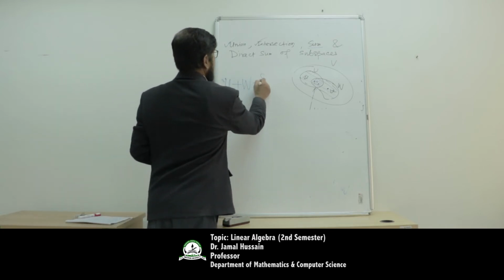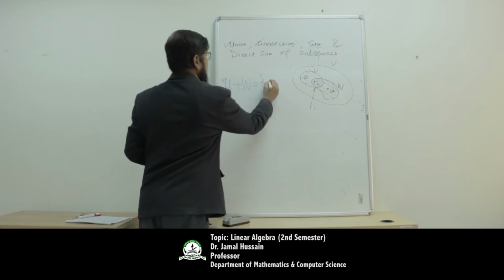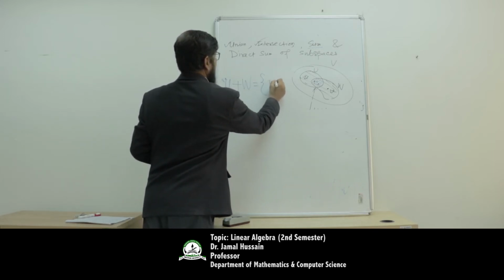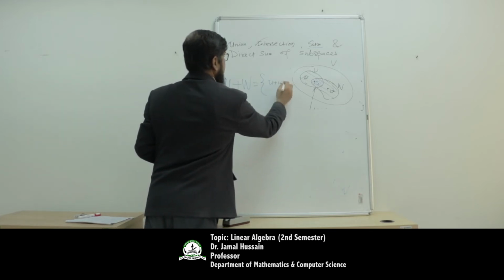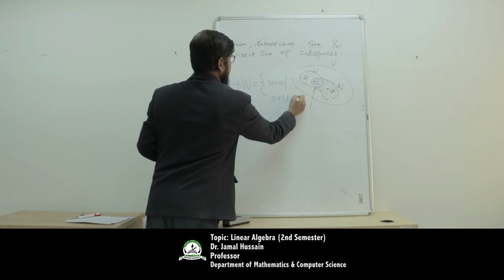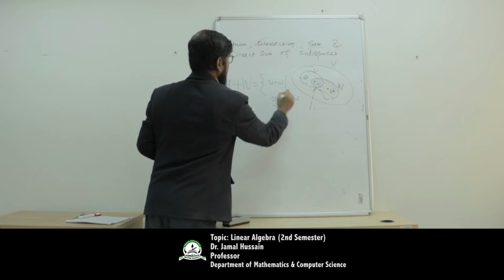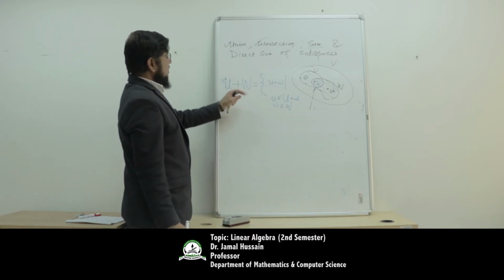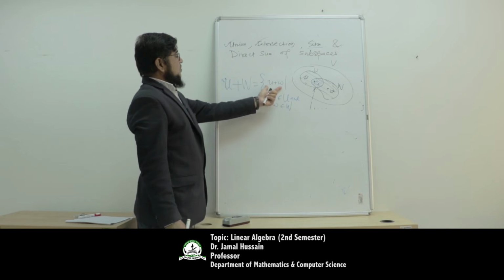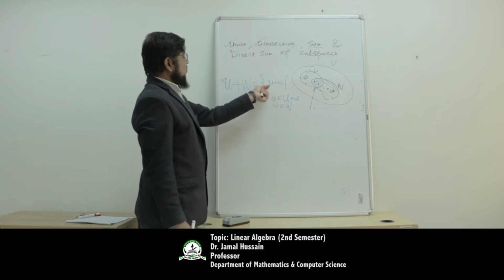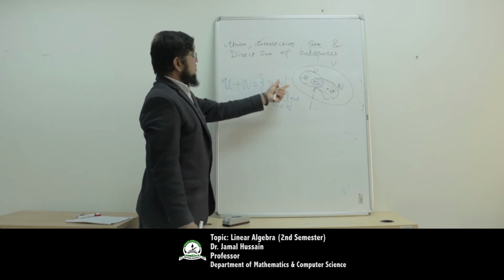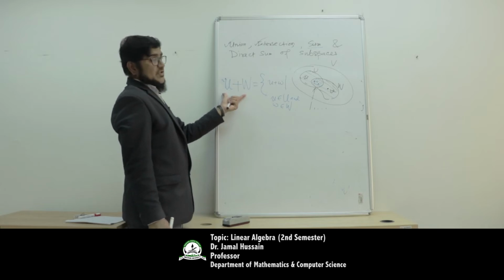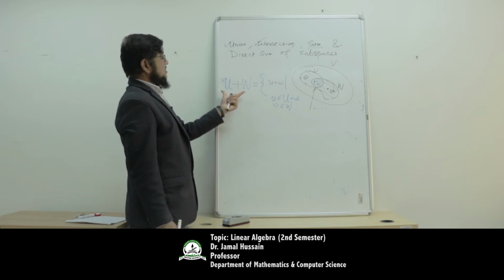It contains elements of the form u + w, such that u belongs to U and w belongs to W. That means the sum is the set of elements which can be written as one element from U and another from W, and all such elements form this set called the sum.